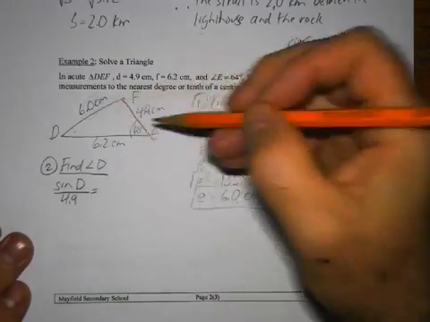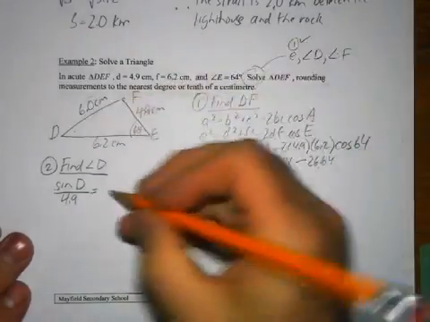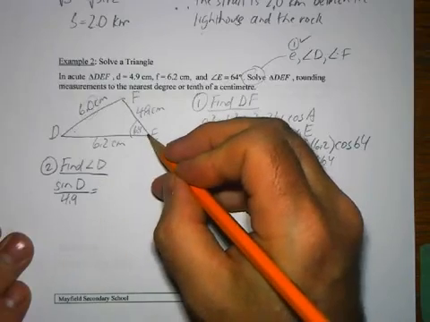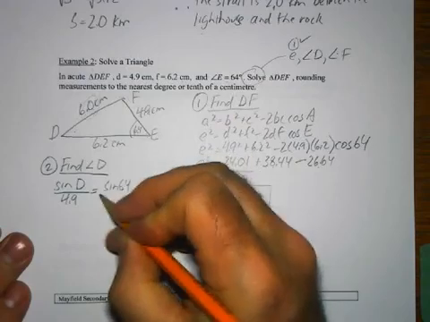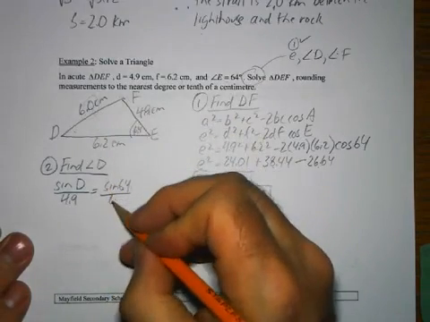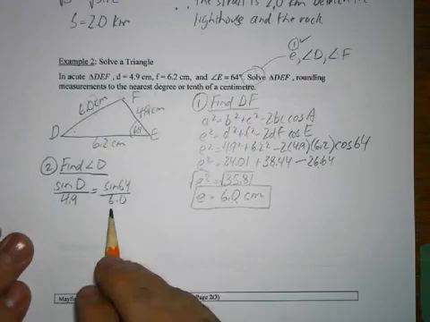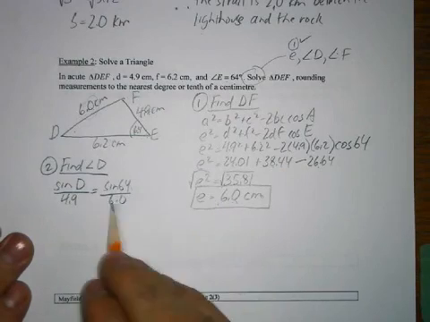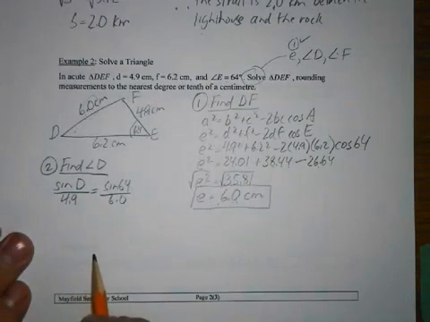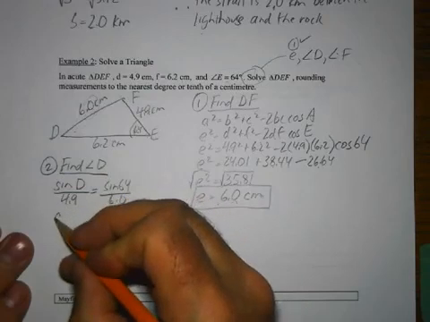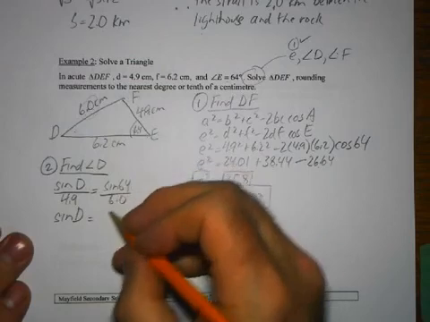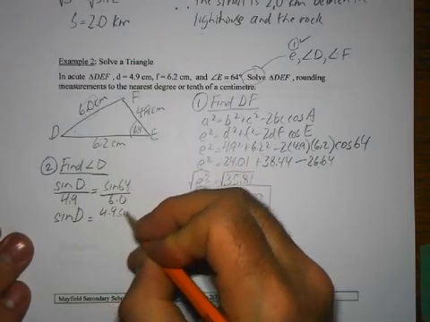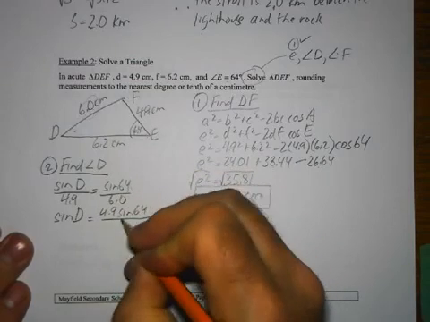So angle E and little e side. So this will be sine of 64 on the top divided by 6.0, which is what I just got. So now this allows me to use the sine law here. If I multiply both sides by 4.9, I get 4.9 sine 64 over 6.0.